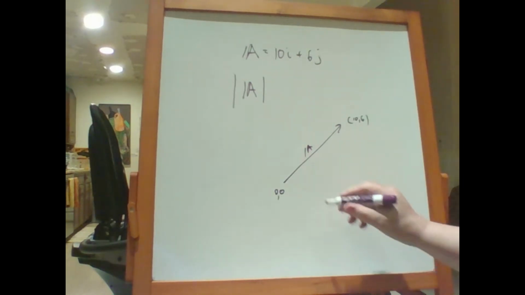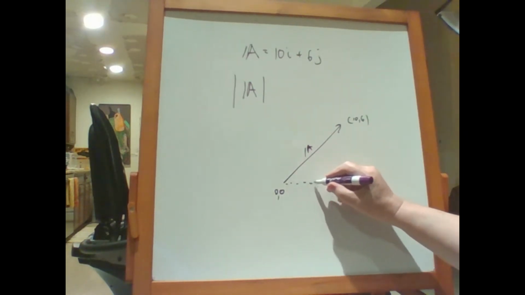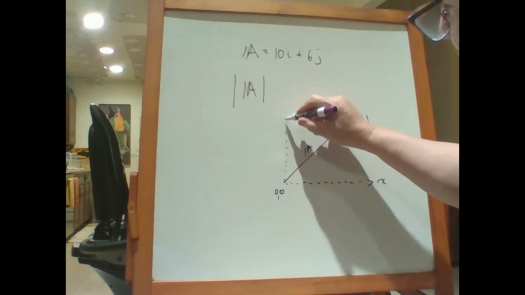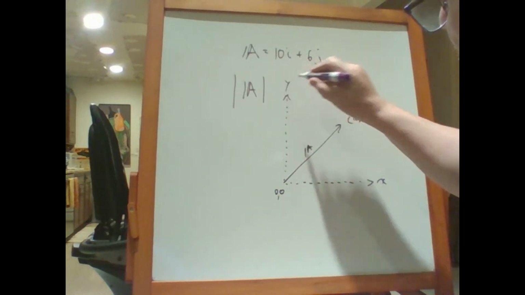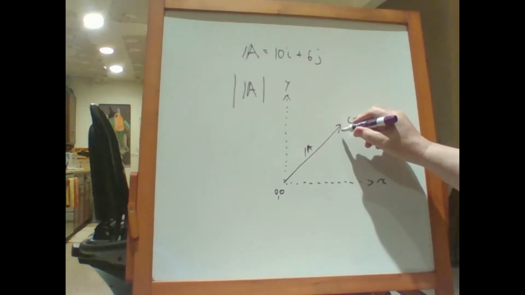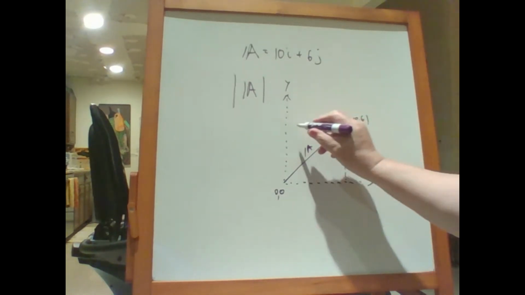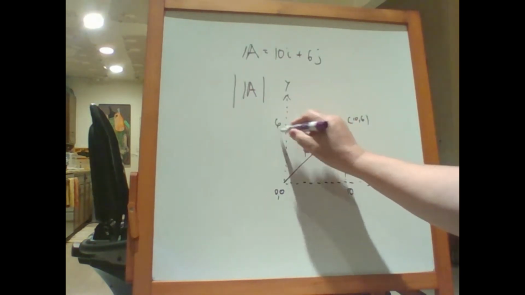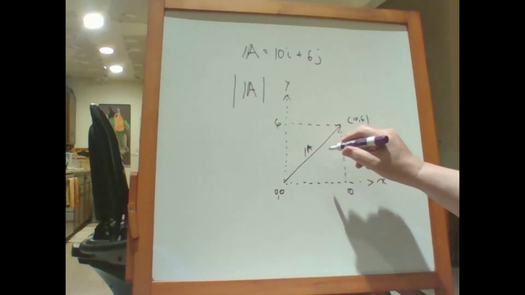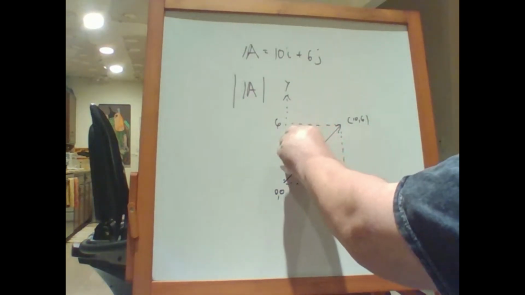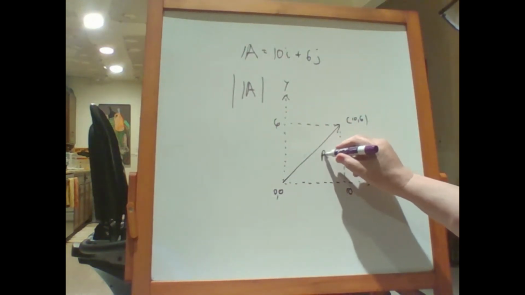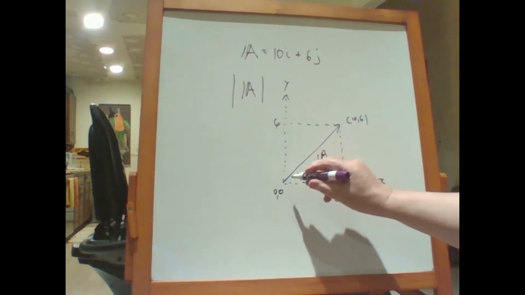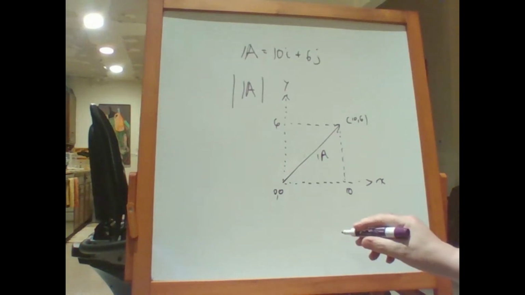We call this the magnitude of A. Basically, if this is the X direction and this is the Y direction, you can see that we've got 10 and we've got 6, and we apply the Pythagorean theorem to this to get what we call the magnitude, which is the hypotenuse.